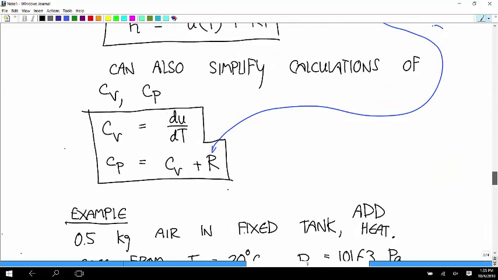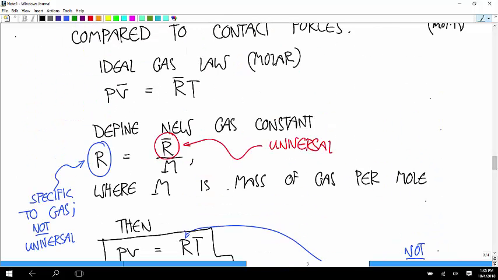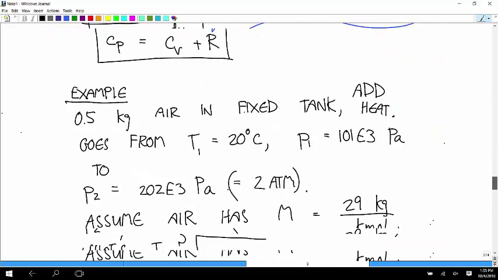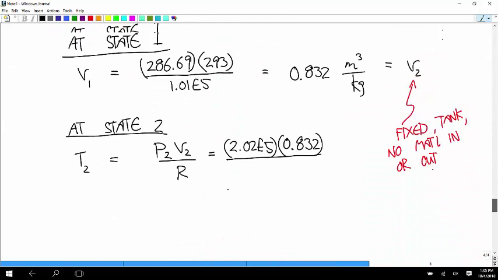We're not talking about the universal constant anyway, we already dealt with all that. So we're dividing by the specific R for air, so divided by 286.69.